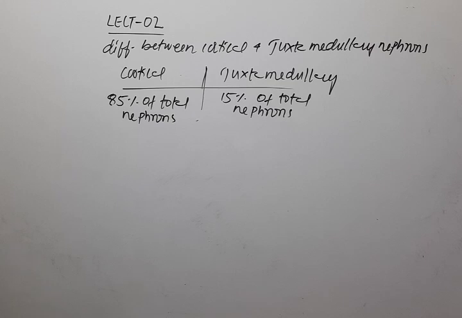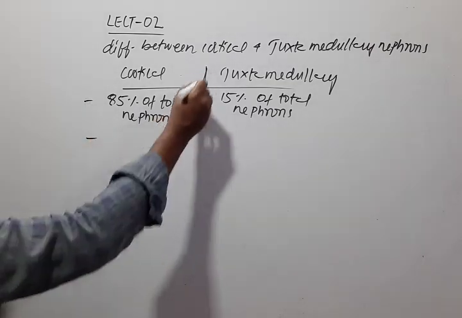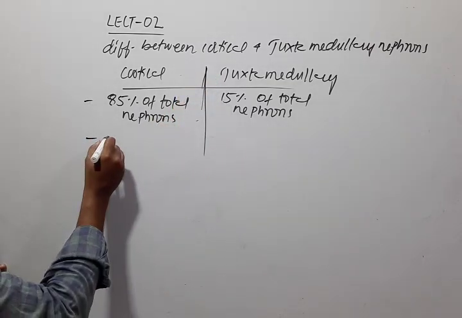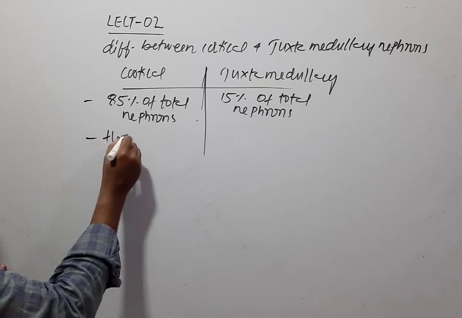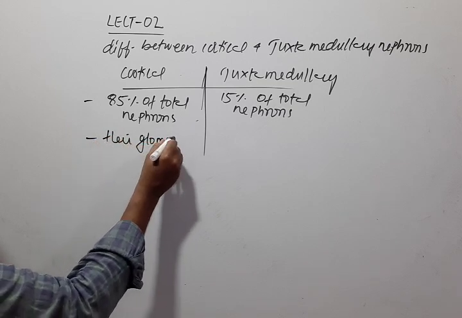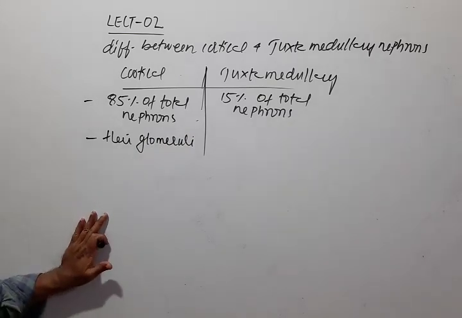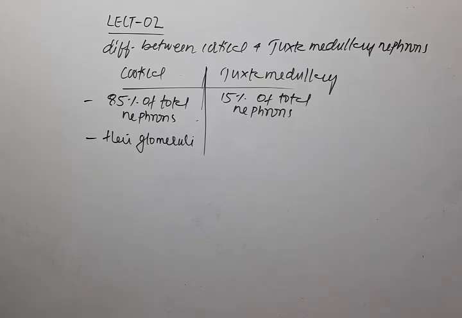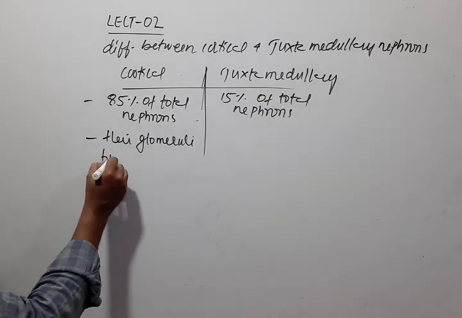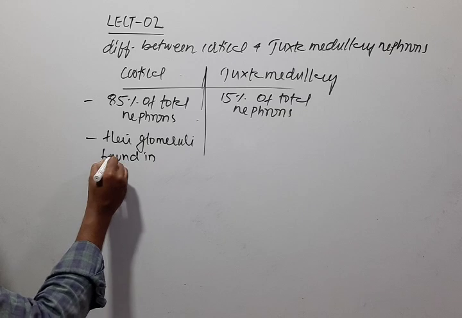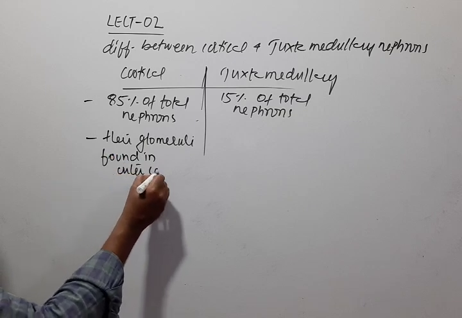Then in the case of cortical nephrons, their glomeruli, which is the plural of glomerulus, are found in the outer cortex.